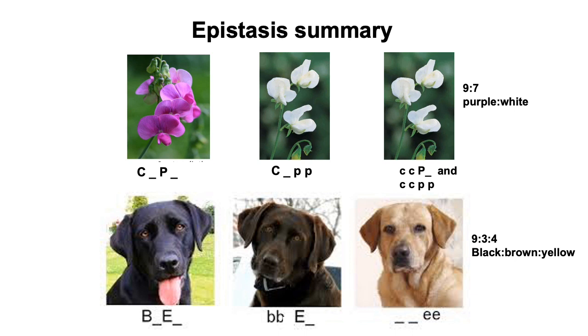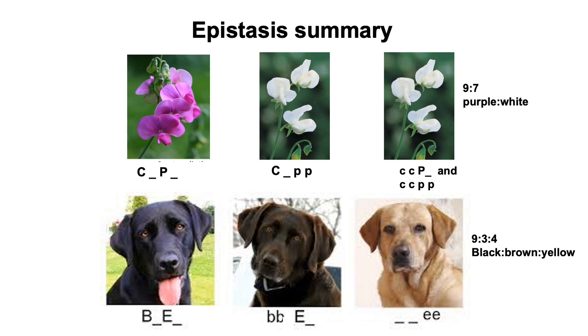And the chocolate labs, you still have a functional E, but you have less pigment being produced when you're homozygous recessive at B. And then with the yellow labs, it doesn't matter what's happening at B because you can't get the pigment into the hair if you're homozygous recessive at E, so you see the yellow labs in all those cases.